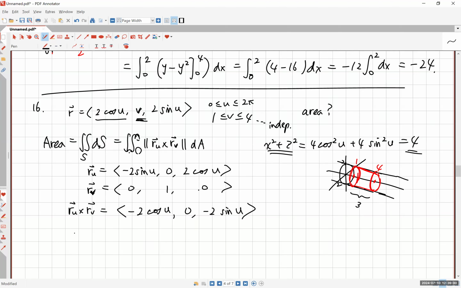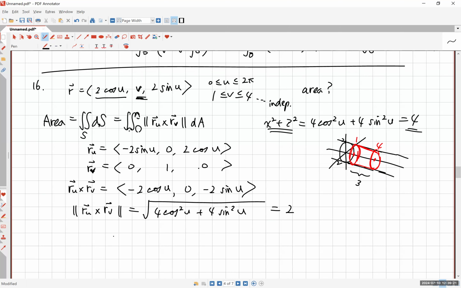So that is that. And so this tells you that the magnitude of this is the square root of, you don't even have to write this, 4 cosine squared U plus 4 sine squared U. It's actually the square root of 4, otherwise known as 2, right? And so that's the only integrand you have.